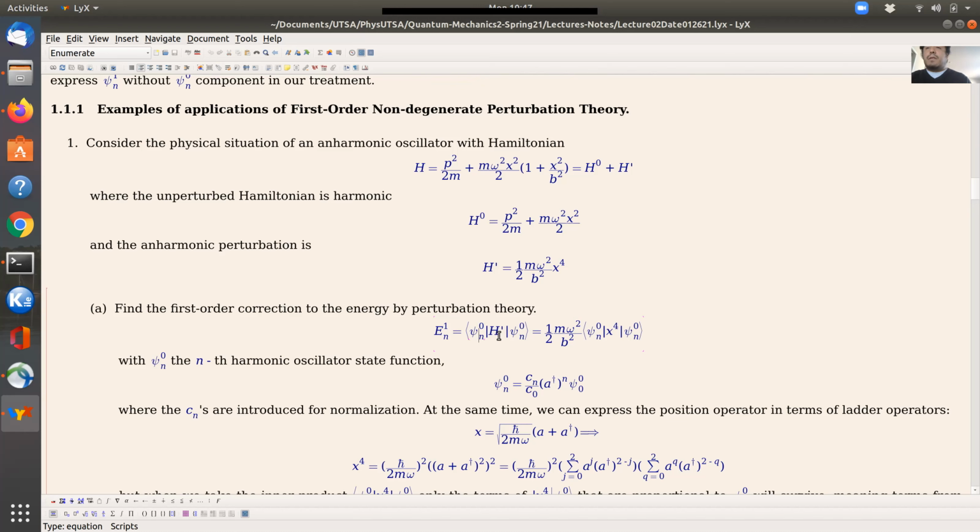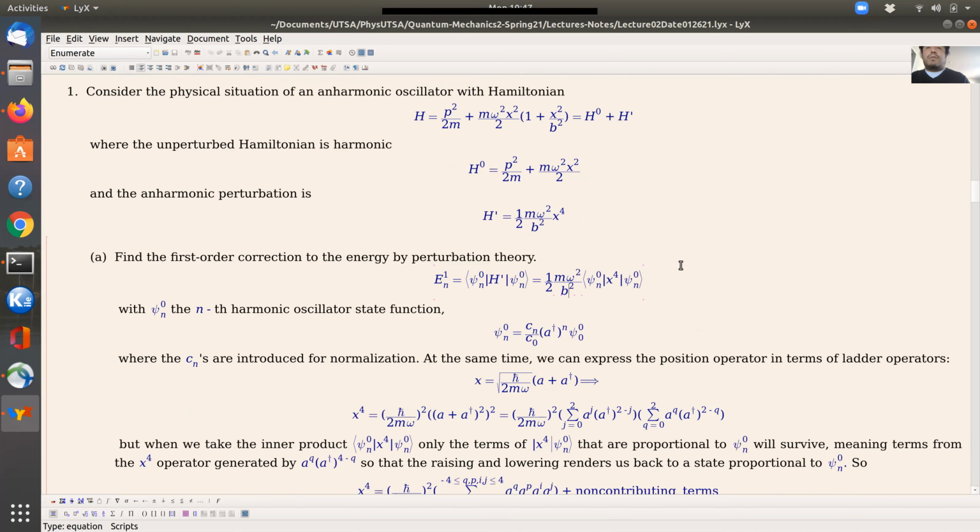That's why you have H prime averaged with respect to phi 0 n. That would be equivalent to using the eigenfunctions of the harmonic oscillator to take the expectation value of x to the fourth times this other factor, which we have here. And this is what we intend to do.